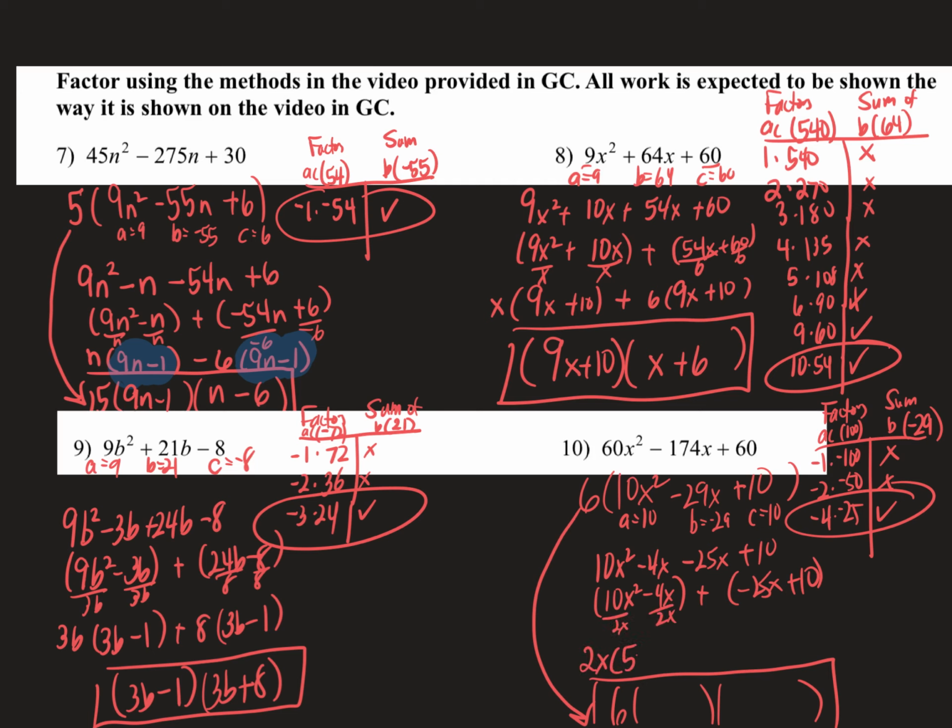And that leaves me 5x minus 2. The next group I have to take out a negative because the first term is negative, and negative 5. So negative 25x divided by negative 5 is positive 5x. 10 divided by negative 5 is negative 2, and it did work. So it's 6 times the quantity 5x minus 2 times the quantity 2x minus 5. And that's the answer to number 10.